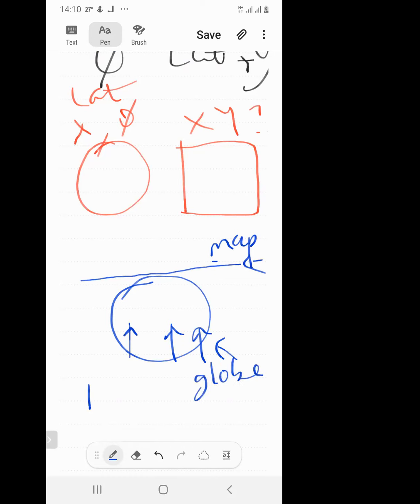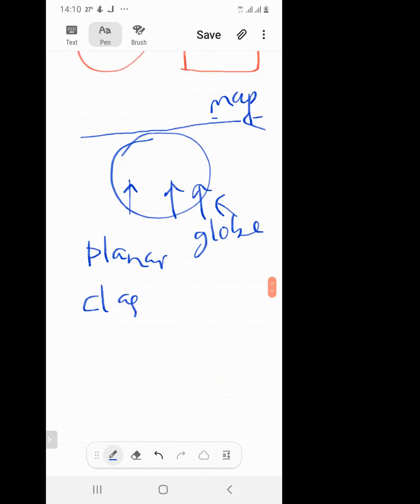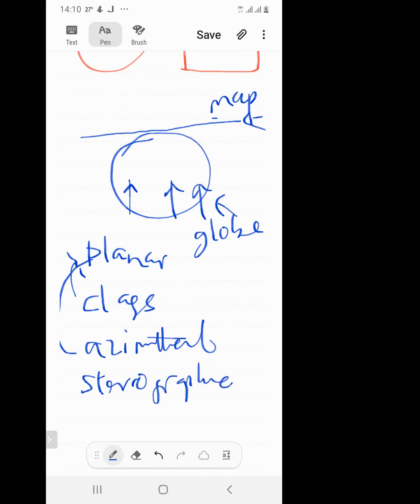Let's call this the planar projection. This is a class of projection. Another name for it is azimuthal, or we can also call it stereographic projection.